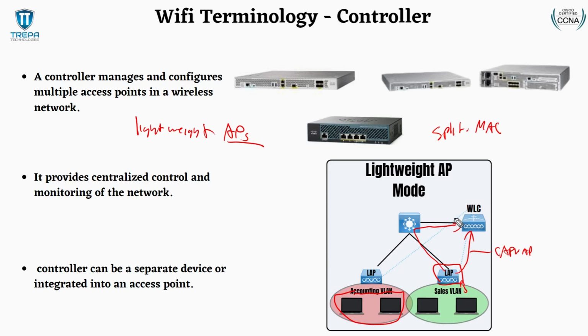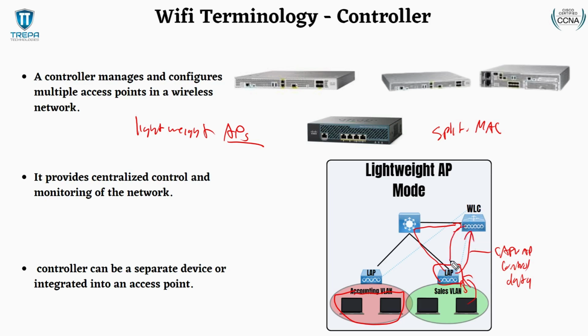They build these CAPWAP tunnels. There's two: a control tunnel and a data CAPWAP tunnel that we're going to go over. And when our users connect to this access point, their frames, their packets, everything is getting switched and routed through the WLC, the wireless LAN controller.